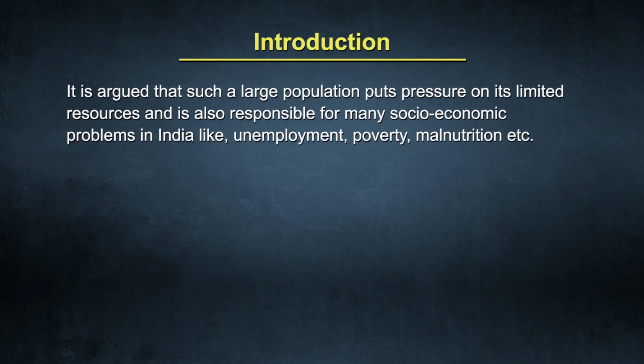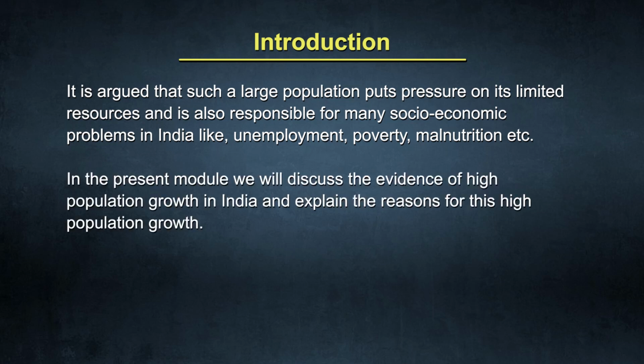It is argued that such a large population puts pressure on limited resources and is also responsible for many socio-economic problems in our country like unemployment, underemployment, poverty, malnutrition, etc. In this brief background, the present module deals with the empirical evidence of the growth of population in our country as well as explains the causes of high growth rate in India.